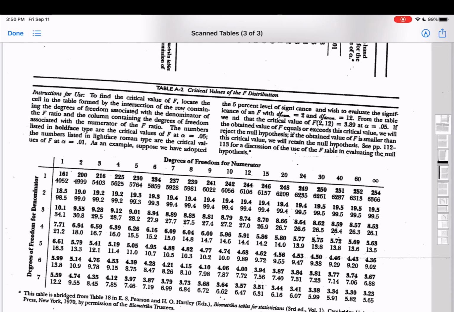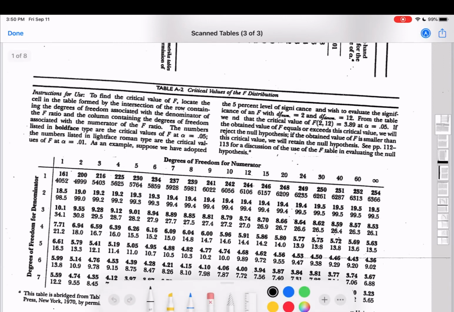Now, where it says degrees of freedom for the numerator, that is your degrees of freedom for A. Okay, and where it says degrees of freedom for denominator, that is your degrees of freedom for S over A. Okay, and so the other thing you want to know is this part here where it says boldface type are critical values of F at alpha equals 0.05, and the numbers listed in light type, okay, are for F with alpha equal to 0.01, okay?